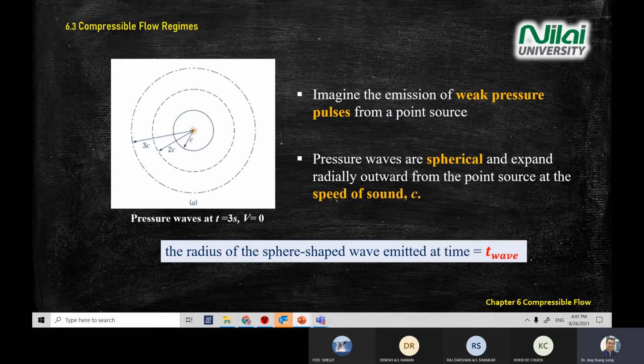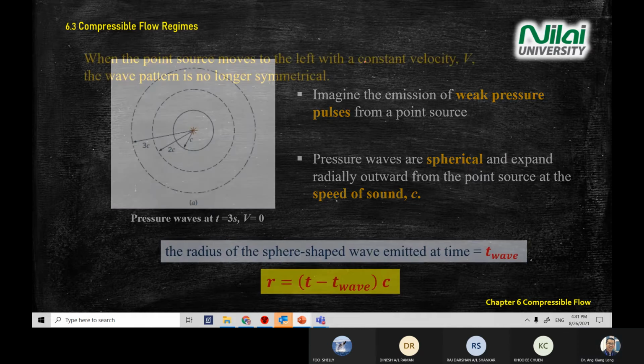Now, how to find the radius: you take the difference of time times the speed of sound, and you get the radius. This is a simple formula to calculate R.